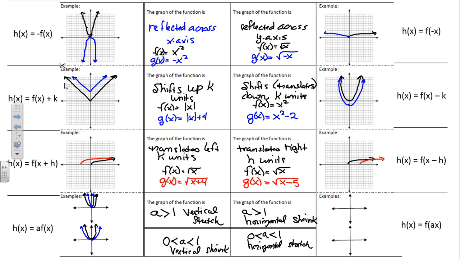So let's use that square root function. A is bigger than 1, horizontal shrink. What does that look like? Is it closer to the x-axis or above? Above. Okay. And when it was a horizontal stretch, it's pulling it closer to it, isn't it?